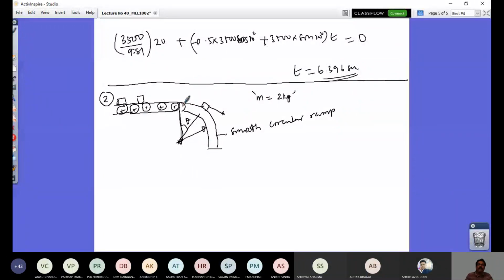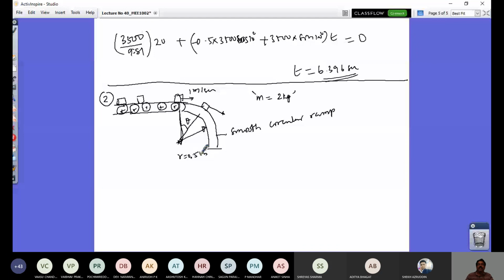So at this point, when it comes, it is going to go into this, right? Here the velocity is 1 meter per second for each package. The radius R of this ramp is given as 0.5 meters.